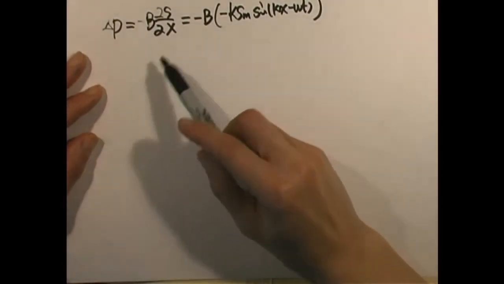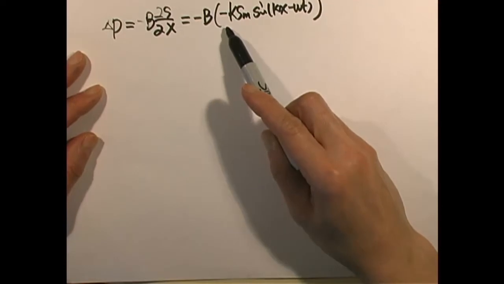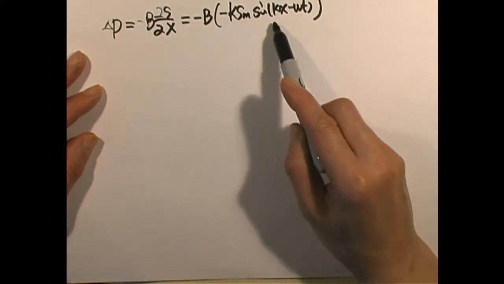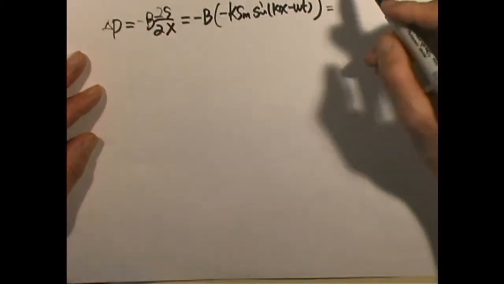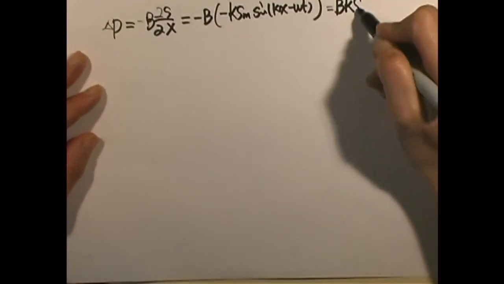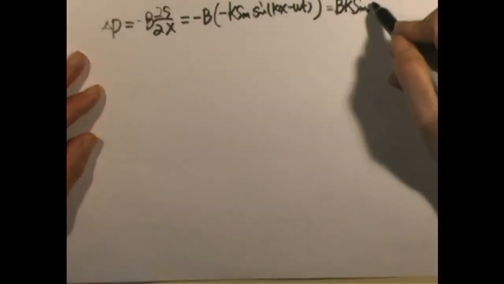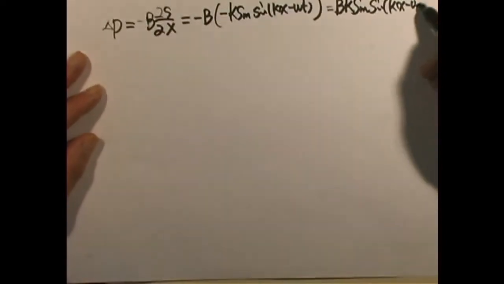Now, if we replace partial S over partial x with the result of our derivative, minus k S_m sine of kx minus omega t, what we get is that the negatives cancel. We have bulk modulus times wave number times maximum displacement S_m times sine of kx minus omega t.